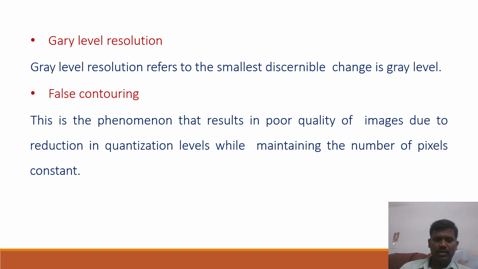The quality of the image is reduced when we go with a very small number of gray levels, and in that case we get false contouring. This is the problem when we use fewer bits to represent gray level resolution, and the earlier one, the checkerboard effect, is because a smaller number of samples are taken. These are the two problems.